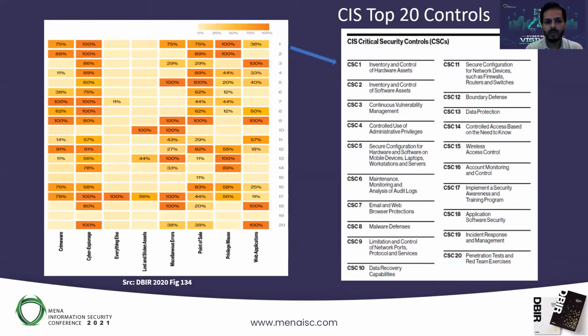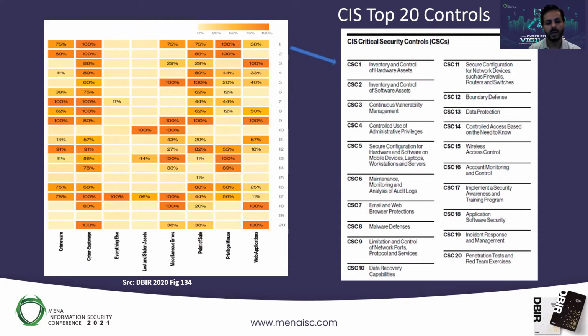And then on the penultimate slide here, one of the great things about the DBIR is they tell you the various patterns of breaches, which you can see at the bottom on the left-hand side. And on the right-hand side, they've mapped the security controls that will mitigate these threats. So it will help you prioritize the security controls from the CIS top 20 that will mitigate the vast majority of the breaches.